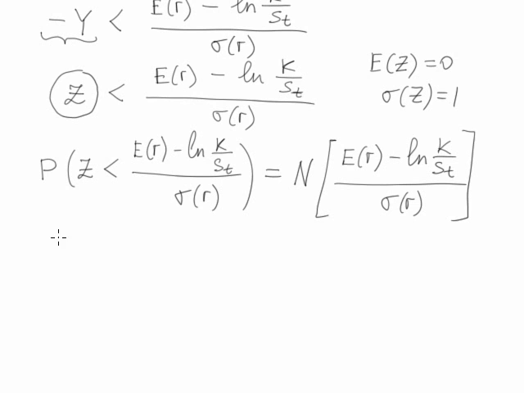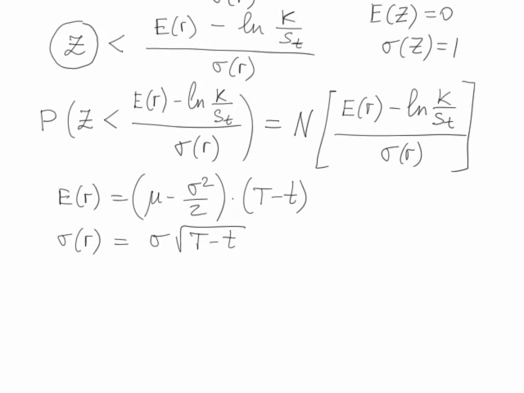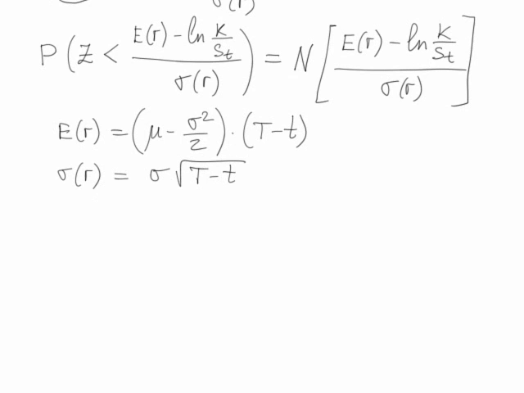And so now let's just substitute. Remember, E of R is equal to mu minus sigma squared over 2 times T minus t, and sigma of R is equal to sigma square root of T minus t. So let's write the final equation.